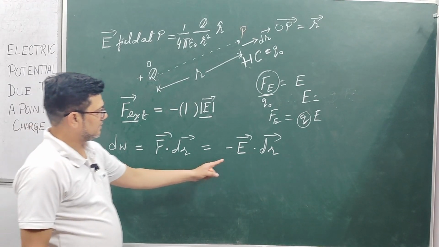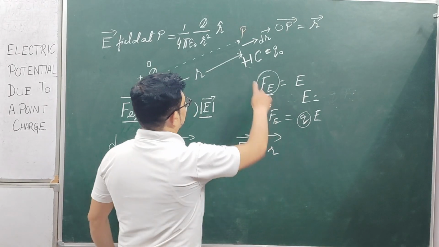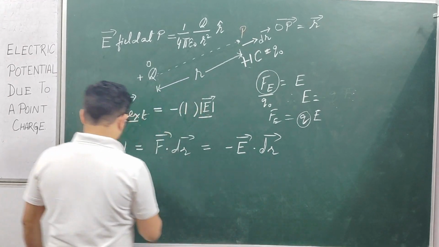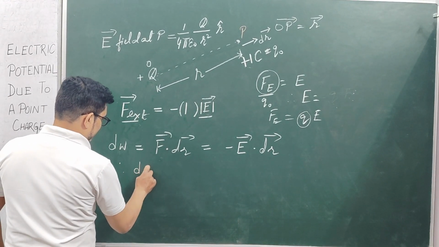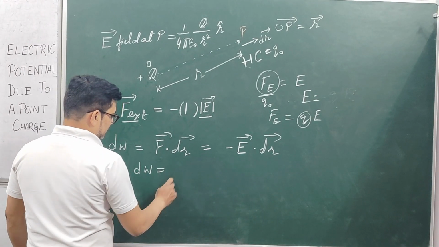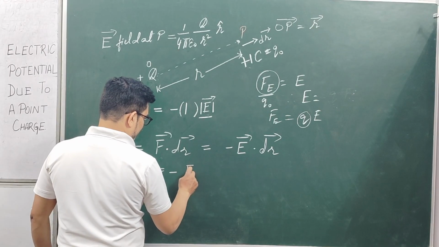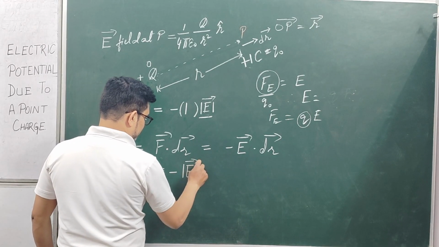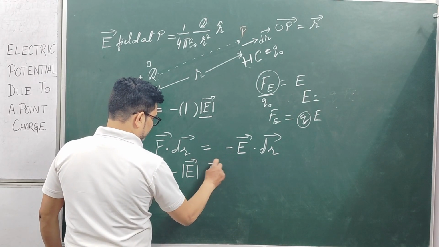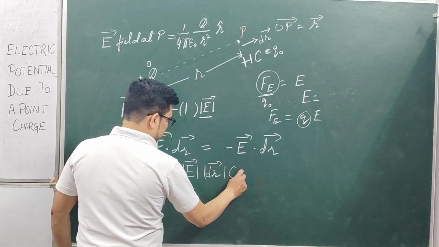And what is the angle between E and dr? It's going to be 0. So therefore we can write dW is equal to, we'll take the minus out, magnitude of E, magnitude of dr, and cos 0.